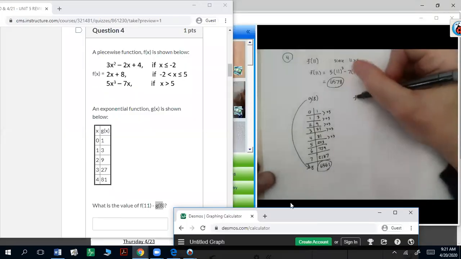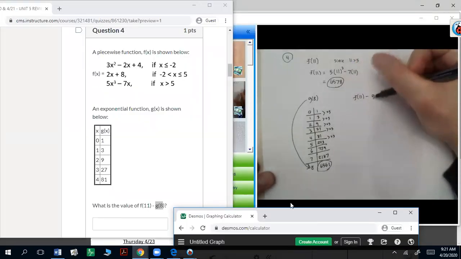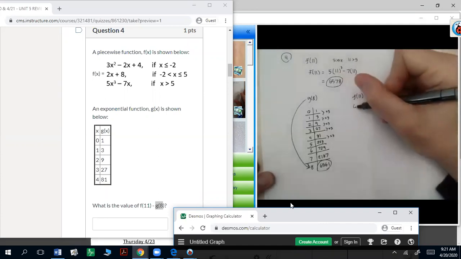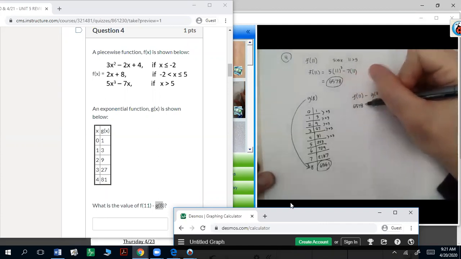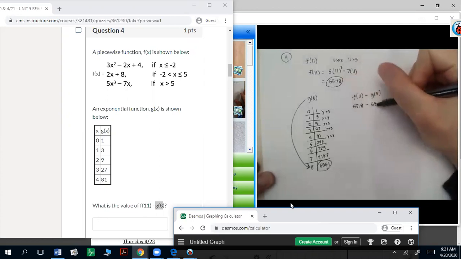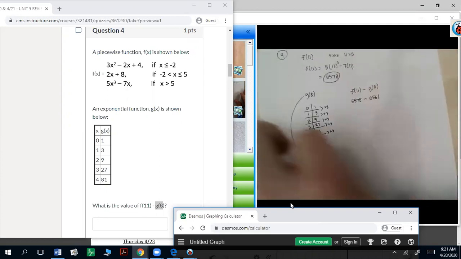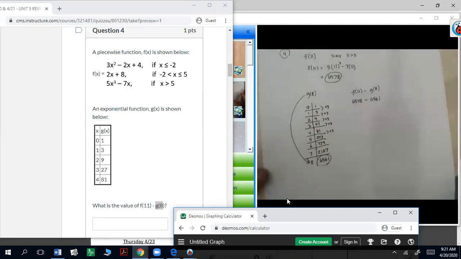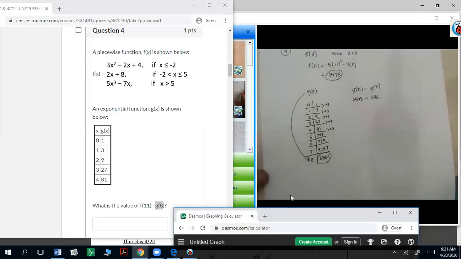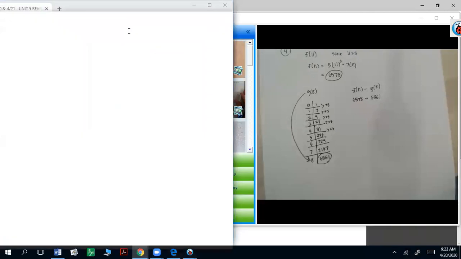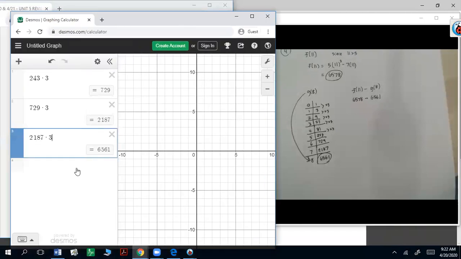So f of 11 minus g of 8 is going to be 6578 minus 6561. And that looks like it's going to be 17. So your answer for that is 17.